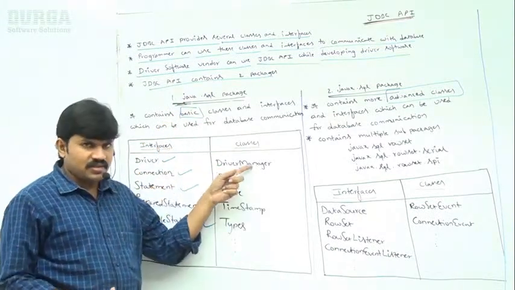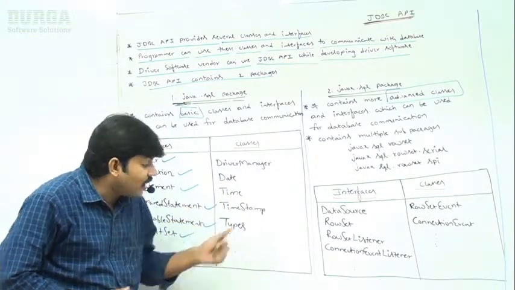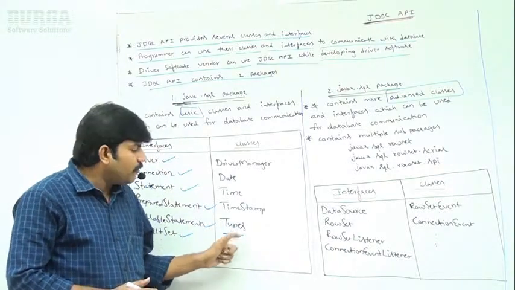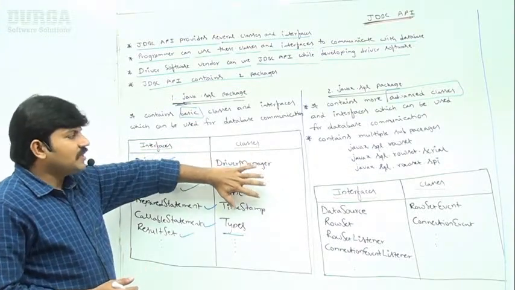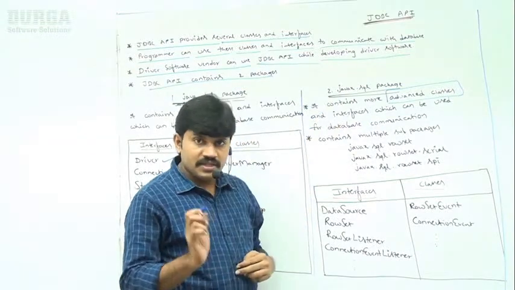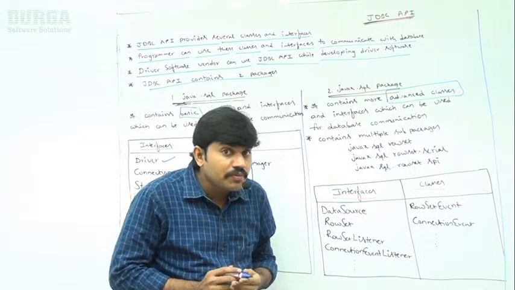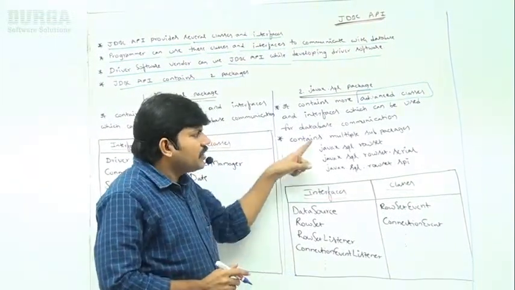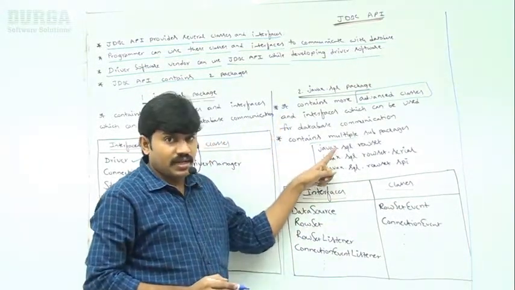DriverManager is a class. Date is one class. Time is one class. Timestamp is one class. Types is also one class, to define JDBC types. This is the basic JDBC terminology. But what about the javax.sql package? It contains several advanced classes and interfaces which can be used for database communication. It contains multiple sub packages also, which I already covered.